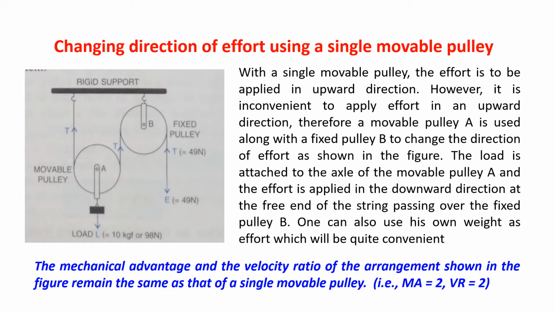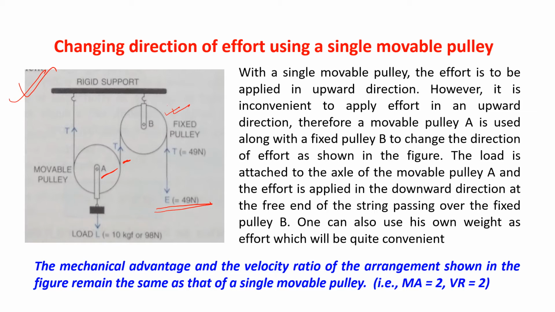So see the figure. This is a single movable pulley which is denoted by A. The string of this single movable pulley is attached to the single fixed pulley which is denoted as B, and now you can see the effort is acting in the downward direction, which is very convenient.